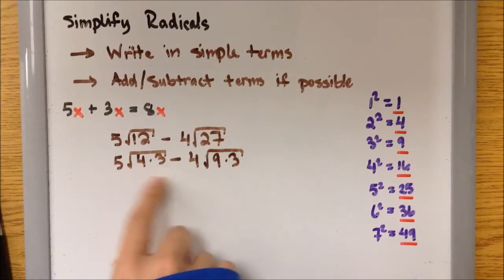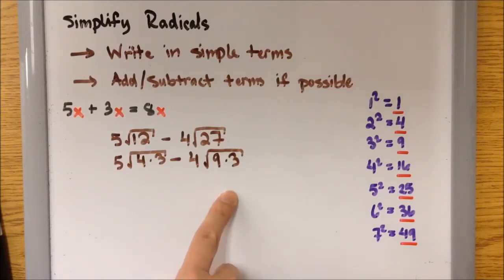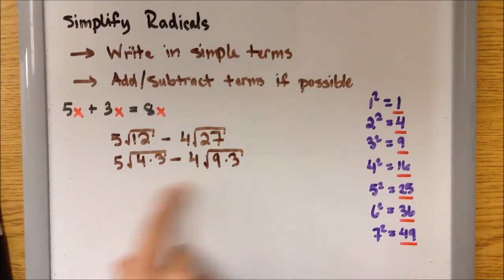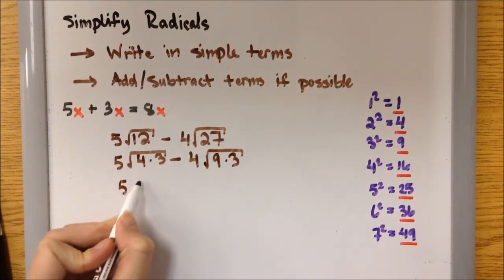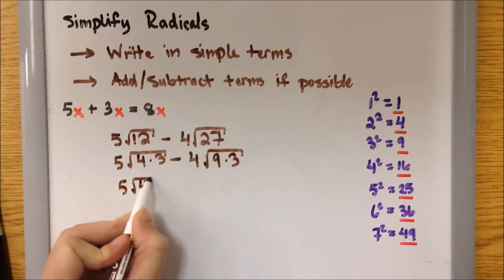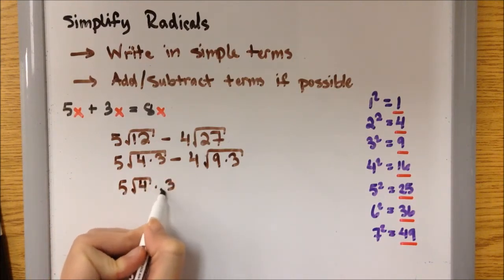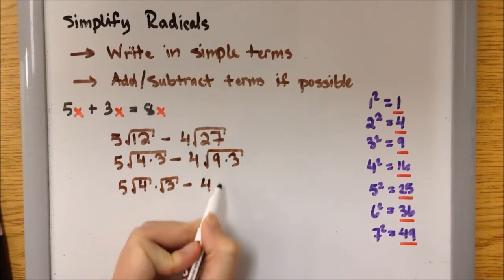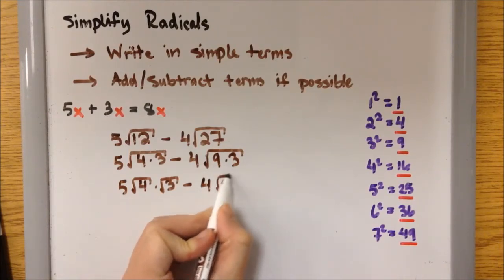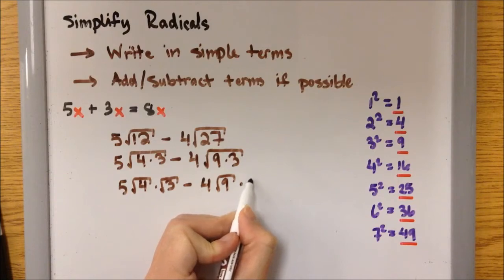I'm going to separate the factors into two radicals on each side. So here is going to be 5 square root of 4 times square root of 3, minus, bring down the 4, square root of 9, and square root of 3.